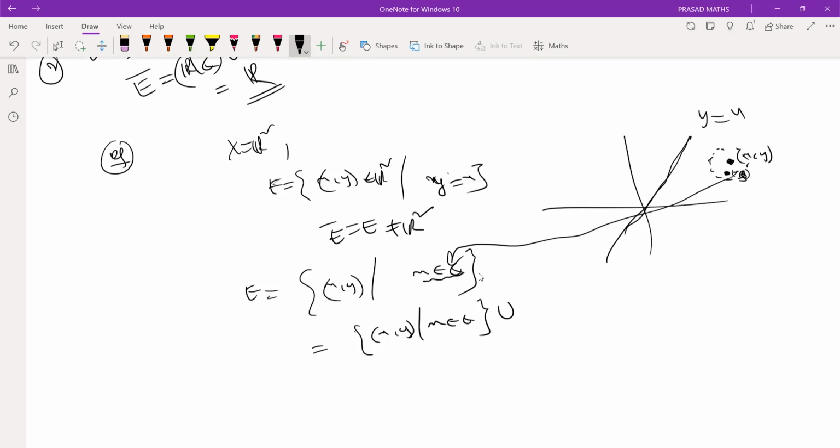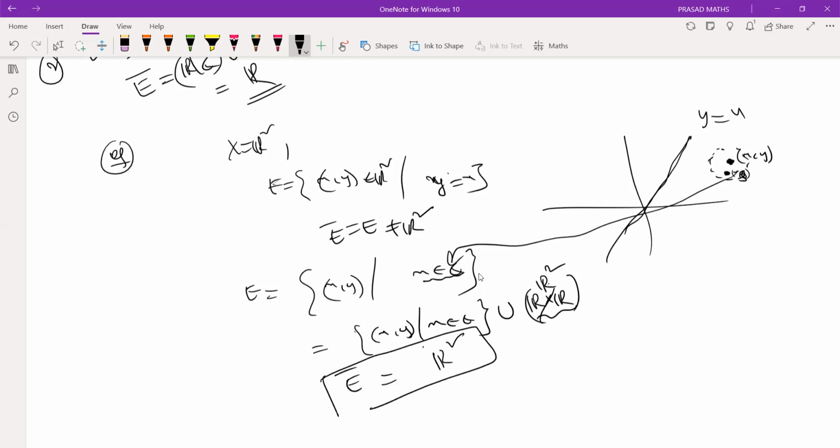So any neighborhood contains at least one point in which the first component is rational. Therefore, every ordered pair is a limit point of the set. Therefore, the closure is R squared. Therefore, E is dense in R2.